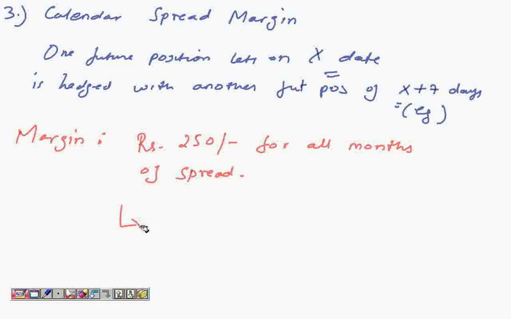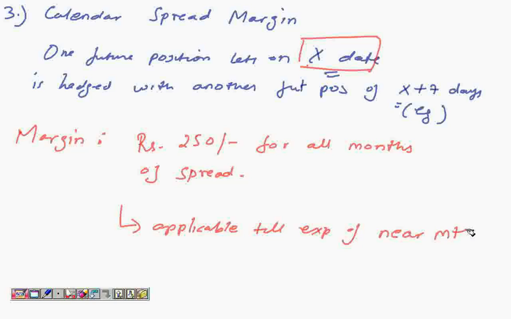And naturally it will be applicable till expiry of the near month contract. So if X date is the near month contract, this is applicable till expiry of the near month contract, so in our case this is applicable till X date. So that's the third margin that we're looking at.